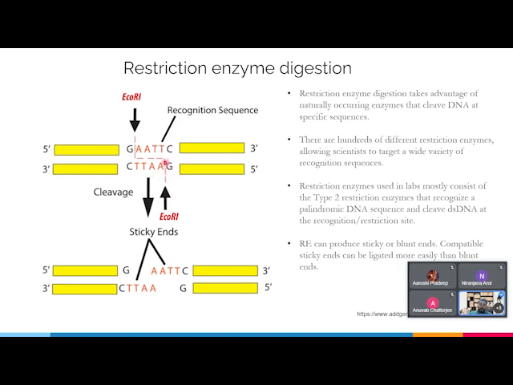This is known as a palindromic sequence. So restriction enzymes recognize these types of palindromic sequences.